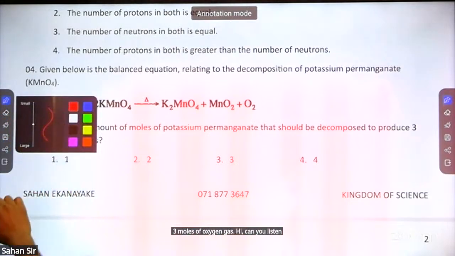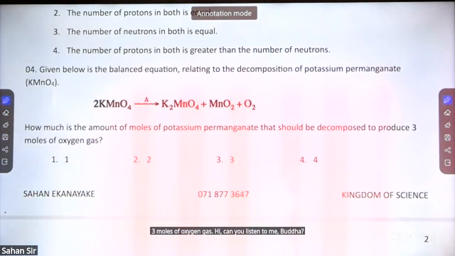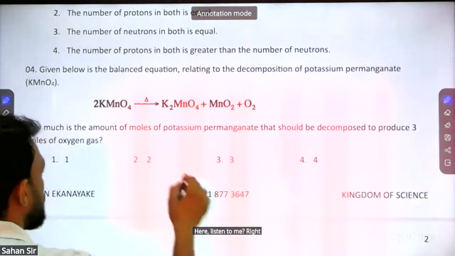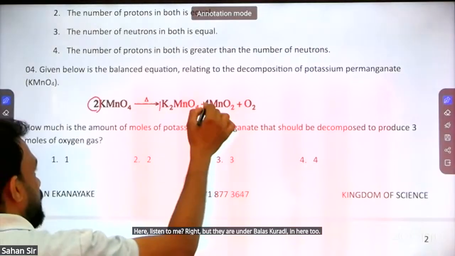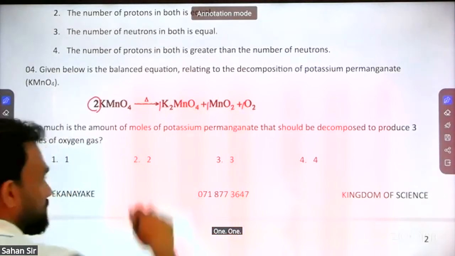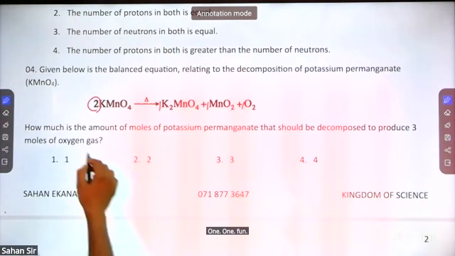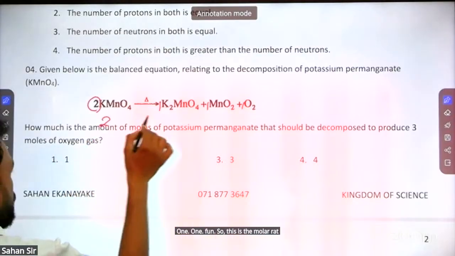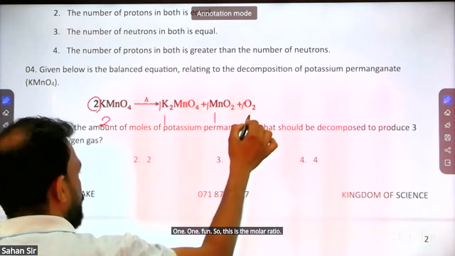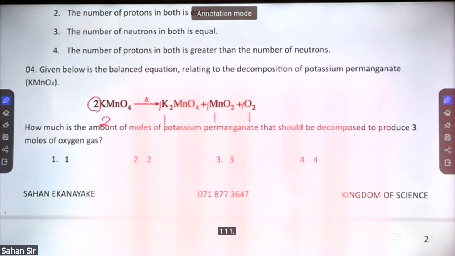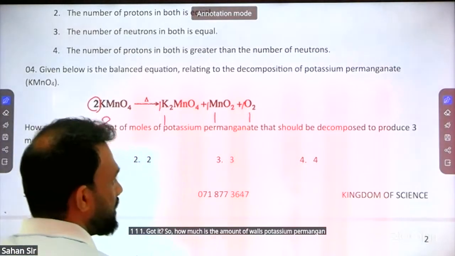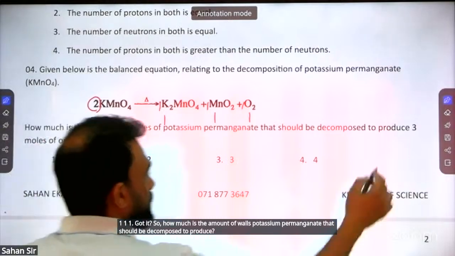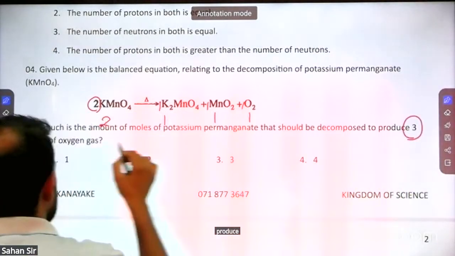Once balanced, here the ratio is 2, 1, 1, 1. So this is the molar ratio. 2, 1, 1, 1. Got it?